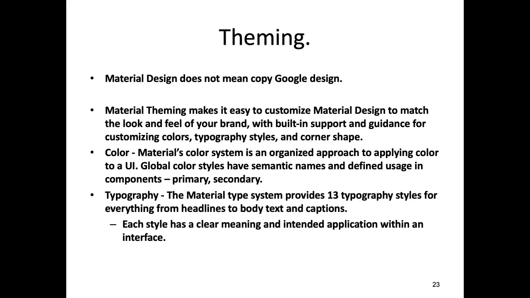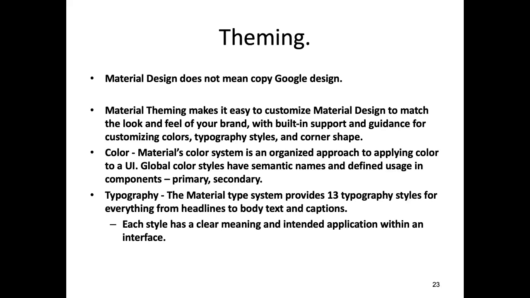So the material design system is a set of principles and a set of building blocks that allow us to realize those principles, but there is still a lot of flexibility available to the individual, and that comes in the form of theming. Google did not simply want us to copy the way they do things.